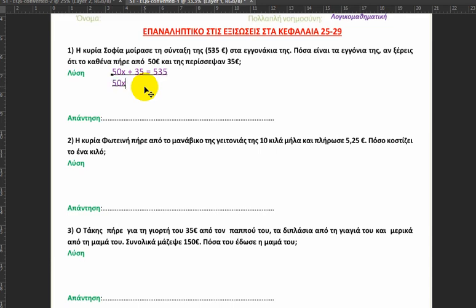So 50x must be equal to 535 minus 35. So 50x must be equal to 500. Therefore, x must be equal to 500 divided by 50. So x is equal to 10.